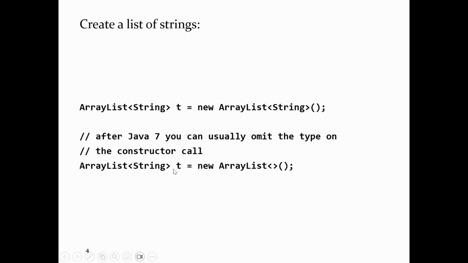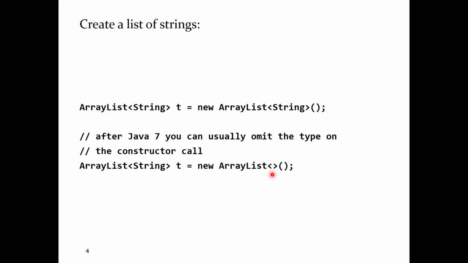Now, after Java 7, you can leave off the element type over here. So if you make a variable whose type is ArrayList of String, then you can make an ArrayList object without having to put the type inside the angled brackets on the right-hand side. The compiler will figure out, oh, they want an ArrayList of String.